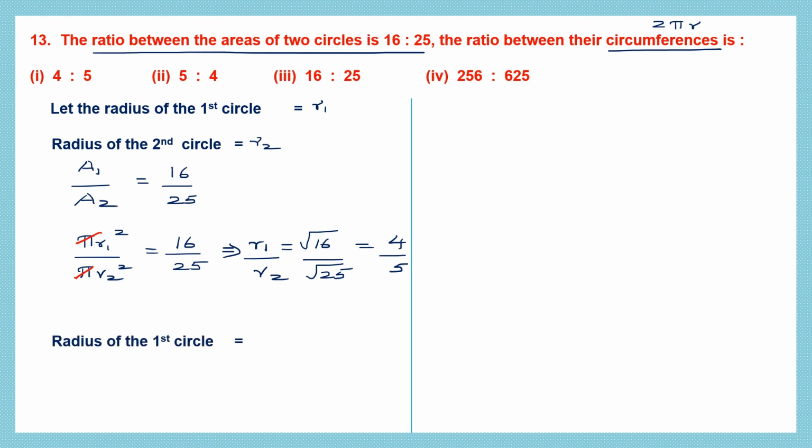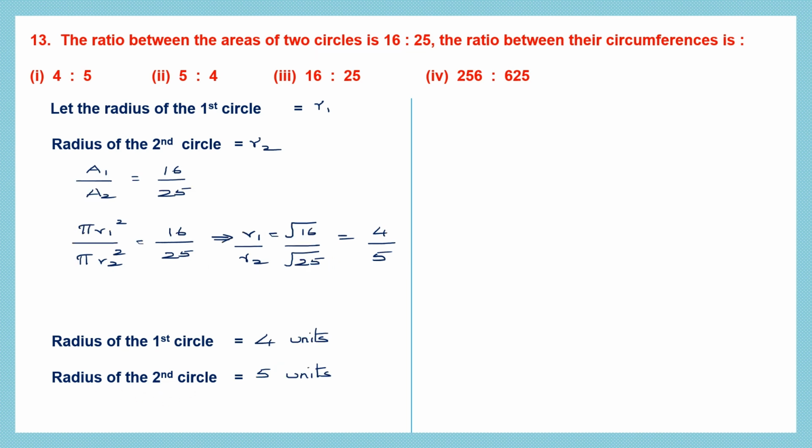That means the radius of the first circle is 4 units, and the radius of the second circle is 5 units. Since the units have not been mentioned, you can write units or leave it as 4 and 5 itself.